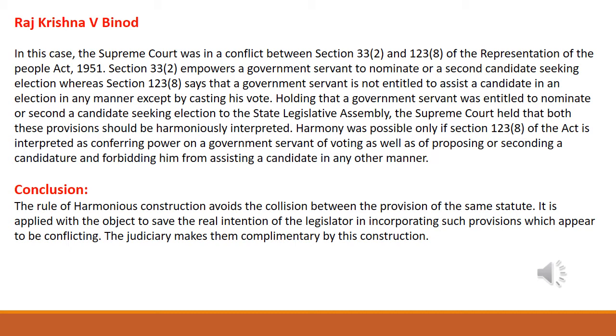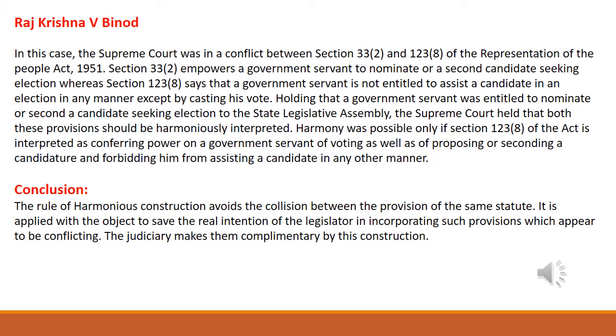So the government servant had two authorities: to nominate or second a candidate seeking election, and to cast a vote without assisting him in the elections through any kind of malpractice. So harmoniously we need to conclude that the two sections go hand in hand.